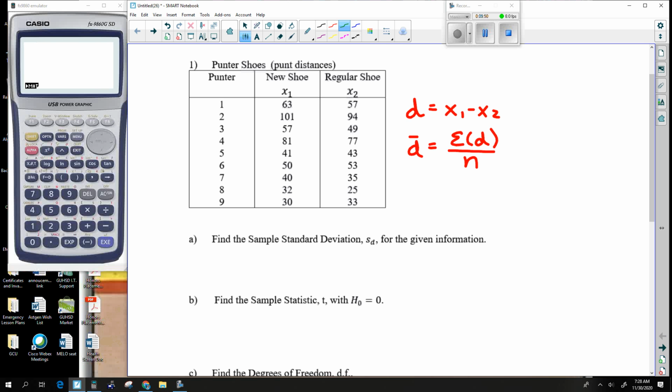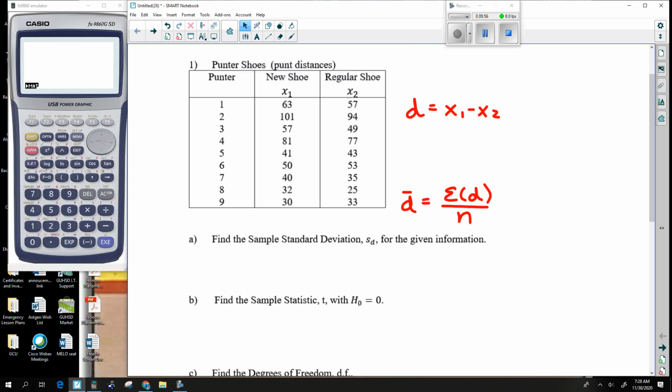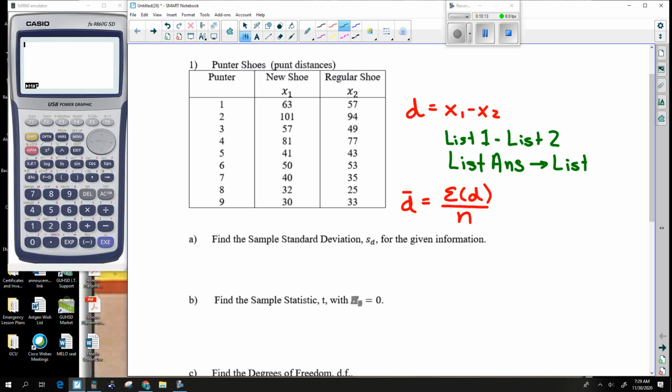All right, calculator speak, the difference is going to be x1 minus x2. So I am going to enter those into lists, and that is going to be list 1 minus list 2, and I'm going to take that list answer and store it as list 3, and that's going to be my differences.